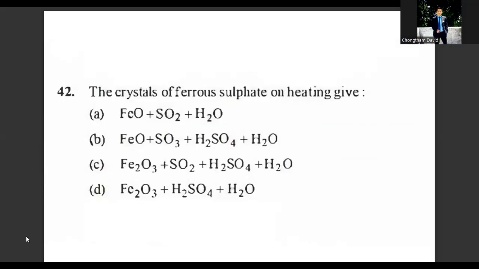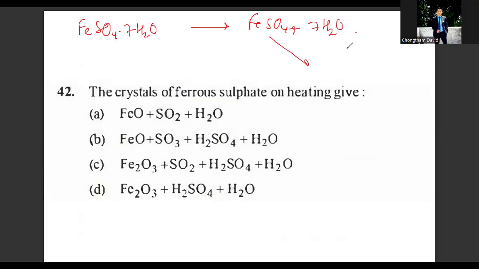Question number 42. The crystals of ferrous sulfate on heating gives. Ferrous sulfate has 7 water molecules of crystallization. So when you heat this, you will have, this is actually a green salt, plus 7 molecules of water, right?